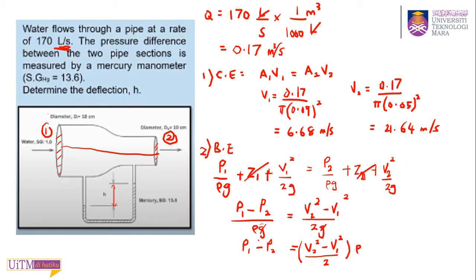So what's the value of P1 minus P2? Because you already have V2 and V1, you can calculate P1 minus P2. What do you get here? 21.64 squared minus 6.68 squared divided by 2 times 1000. 211,833.6.